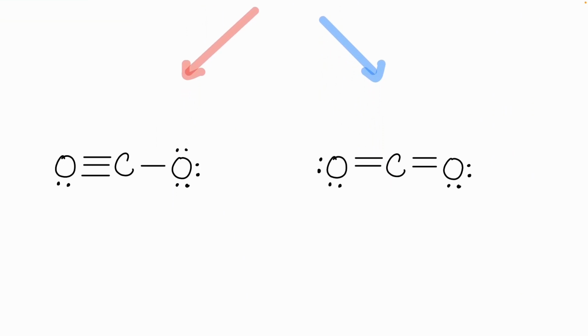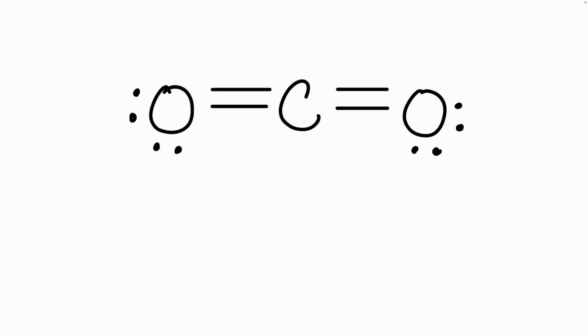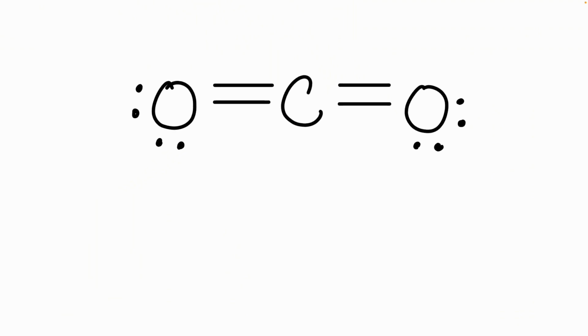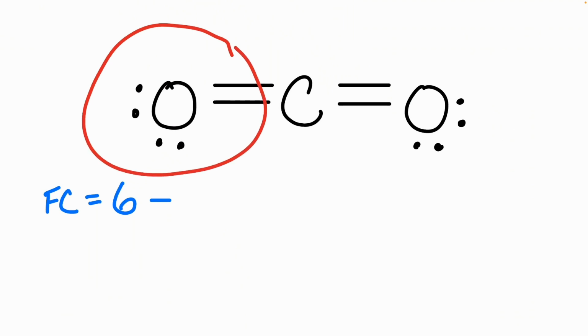So let's see if we can figure out which one of these is going to be the preferable structure here. Let's start over here with our symmetric one. These 2 oxygens are the same, so if we calculate our formal charge on one of them, we can equate it to the other one as well. Oxygen has how many valence electrons according to the periodic table? 6. And so we're going to subtract what we see in our circle here.